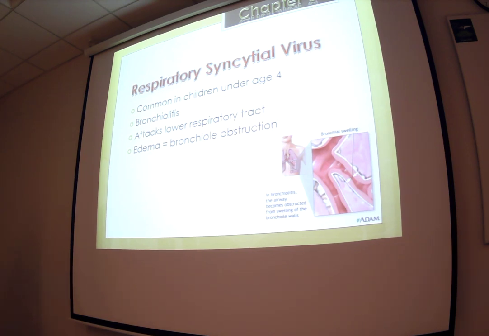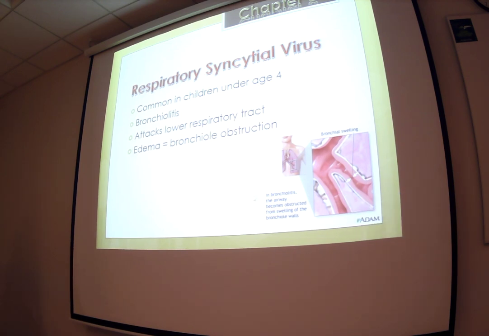It can cause necrosis of the epithelium in the bronchi and bronchioles, where that edema can then form from obstruction of those bronchioles. Here's our bronchial swelling. You can see it starts closing off, and that can then cause edema. It can also lead to bronchial spasms and interstitial pneumonia.